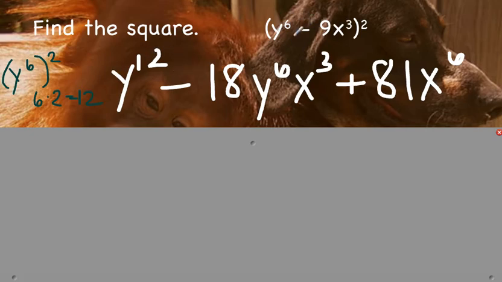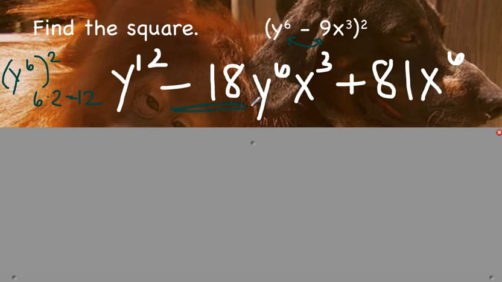Then we multiply our inside terms. Okay, so we have y to the 6 times negative 9x cubed, which will give us negative 9 y to the 6 x cubed. And then we're going to go ahead and double that. So if we double negative 9, it's going to give us negative 18, and that's where this is coming from.